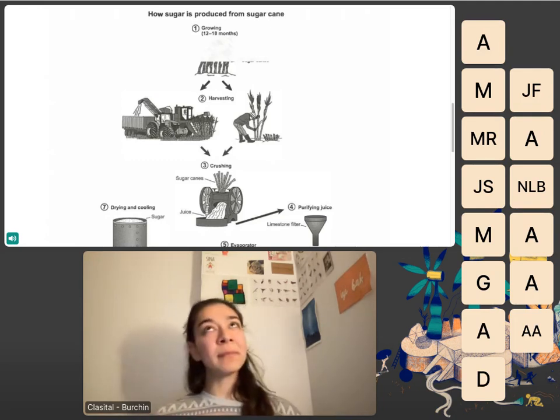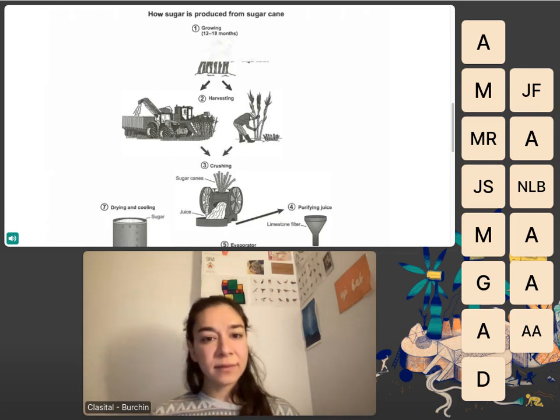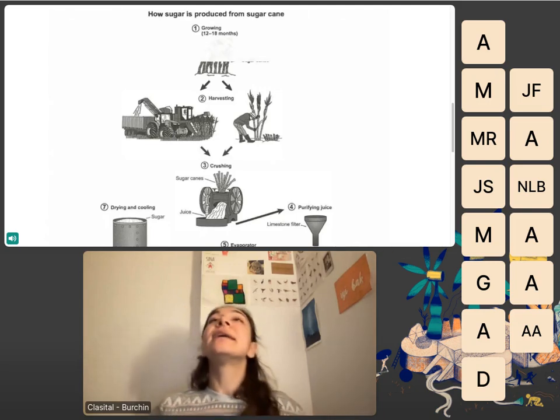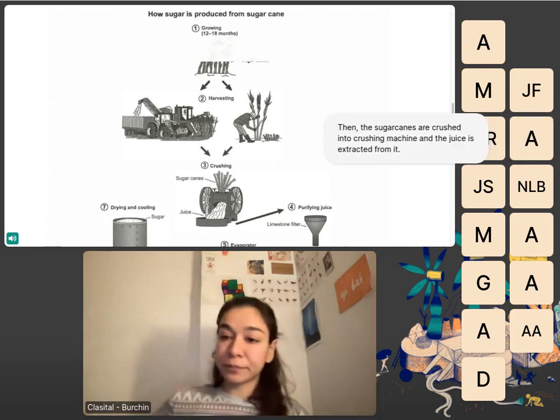Nimlai. At first, Nimlai, where are you from? At first, sugar canes are collected from the field. Okay. Then the leaves, these are not the leaves, these are the canes. These are different. Use the keywords. Change the other things. Use the keywords.